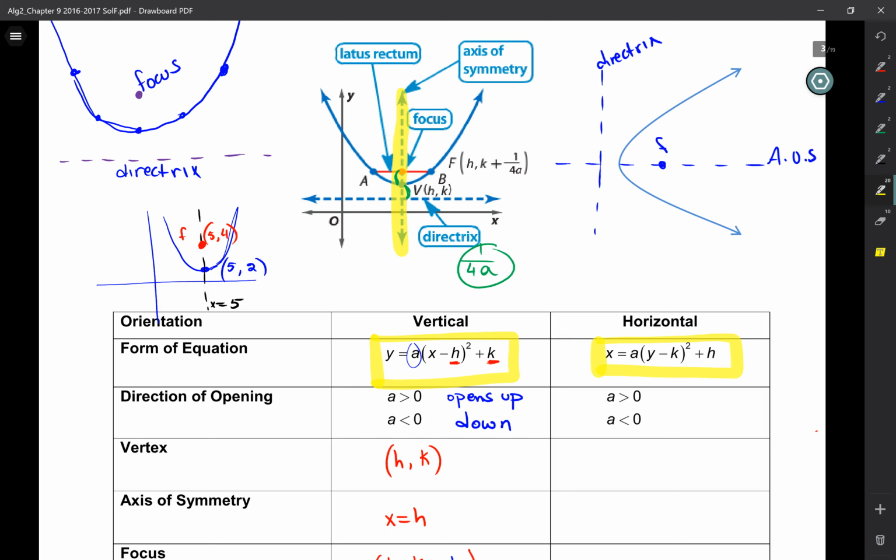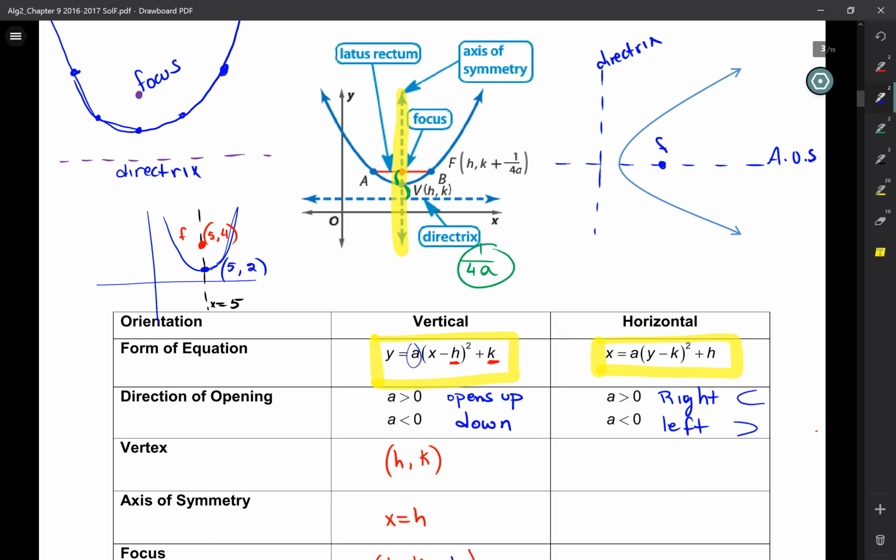So when it's x squared, it's vertical. When it's y squared, it's horizontal. So when a is positive, it opens to the right. When a is negative, it opens to the left. So that way for the right and that way for the left.